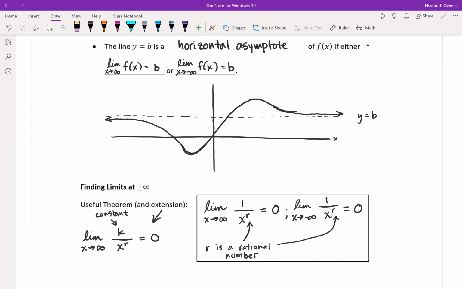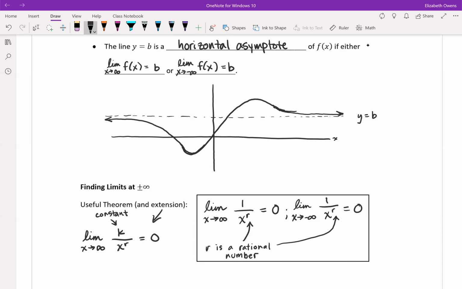But infinity is so much larger. As x approaches infinity, this denominator is just going to grow without bound. So the denominator is so huge that the limit of any constant over that huge denominator is going to approach 0.